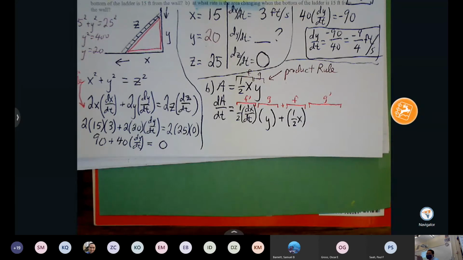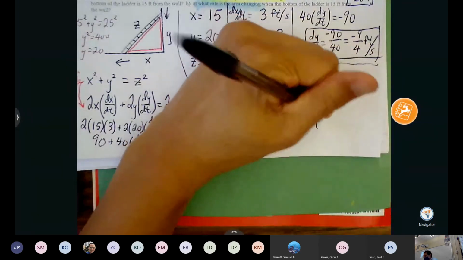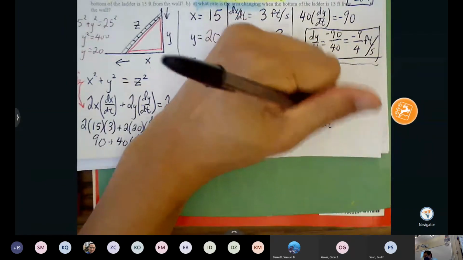Okay, but it's dy over what? dy over dt. Good, all right, dy over dt. Implicit would be dy over dx, but because time is what we're dealing with here, it's dy over dt. So y becomes 1, and then we attach a dy over dt.